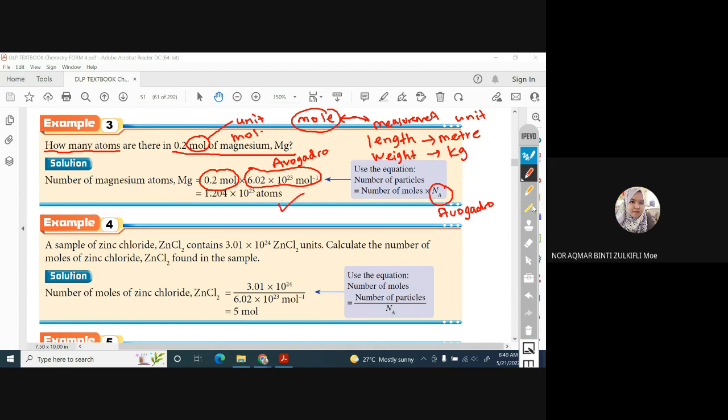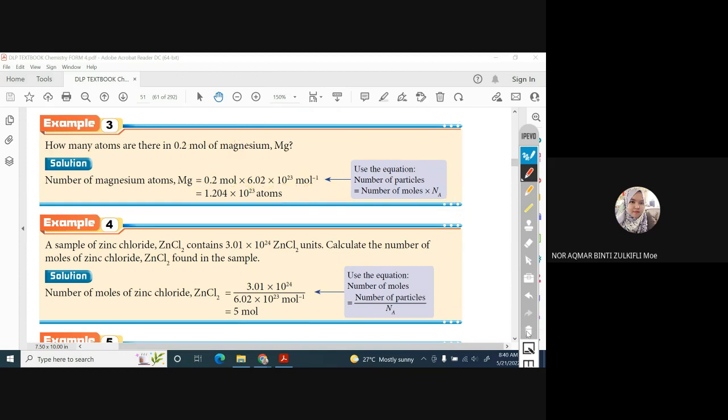It's just like this. Let's look at example number 4. Zinc chloride, ZnCl2, contains 3.01 times 10 to the power of 24 units. Here they give the units first. Just now you found the mole, you multiplied by Avogadro, and you got the units, right? Here they give the units first. Calculate the number of moles of zinc chloride found in the sample. So this is vice versa.